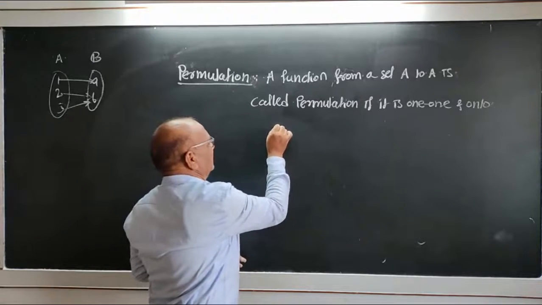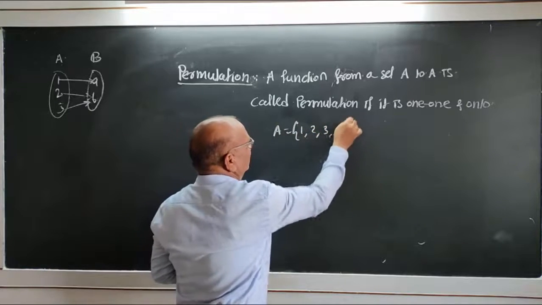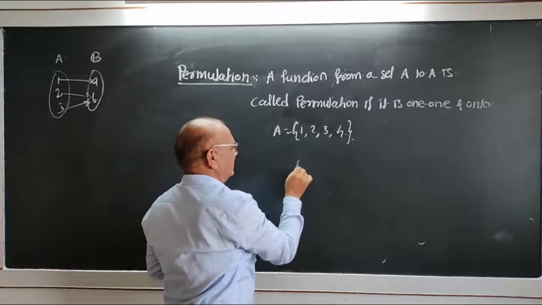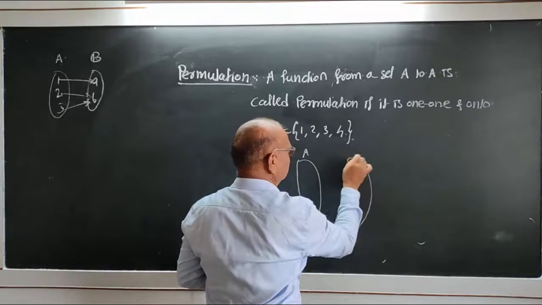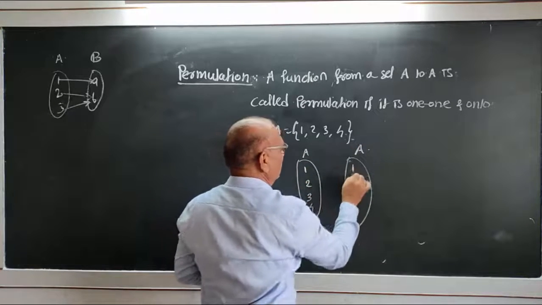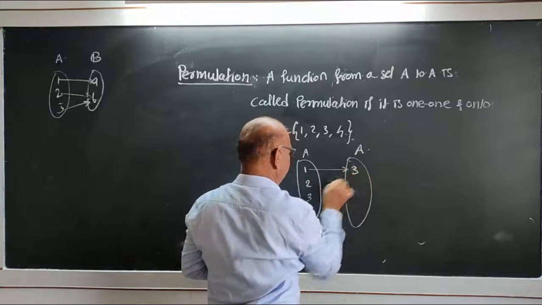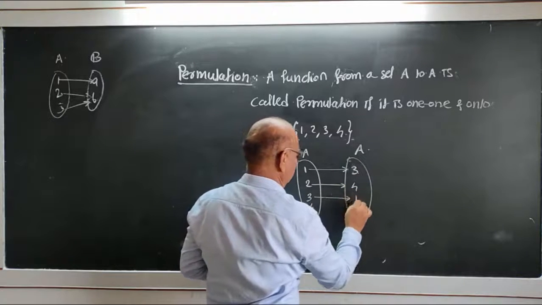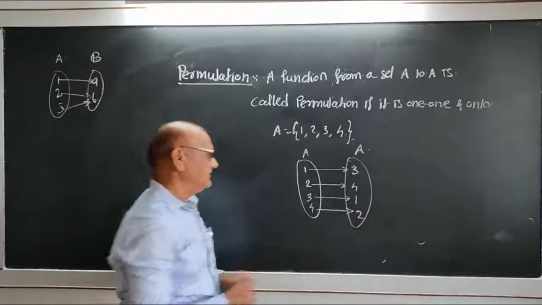Like this, if A is equal to {1, 2, 3, 4}, then domain is A and codomain is also A. Suppose 1 goes to 3, 2 goes to 4, 3 goes to 1, 4 goes to 2.